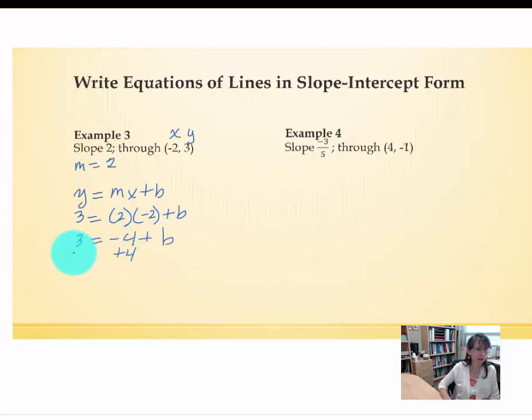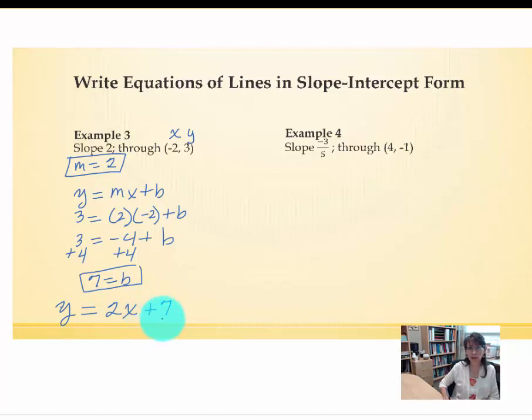When I add 4 to both sides of the equation, we get 7 = b. So the y-intercept is 7. The slope is 2. So when we write the equation of the line, y = 2x + 7, which is the y-intercept.